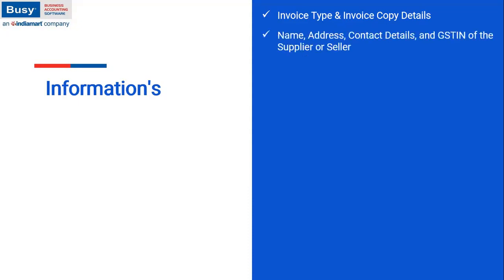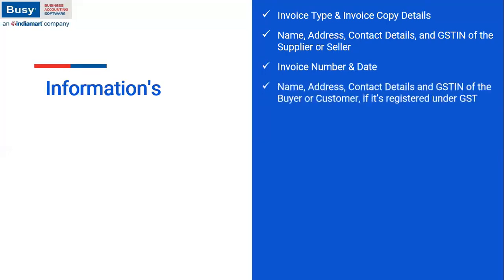Other than this, the name, address, contact details, and GSTN of the supplier or seller are also printed on our invoice. Also, the invoice number and date will be there.